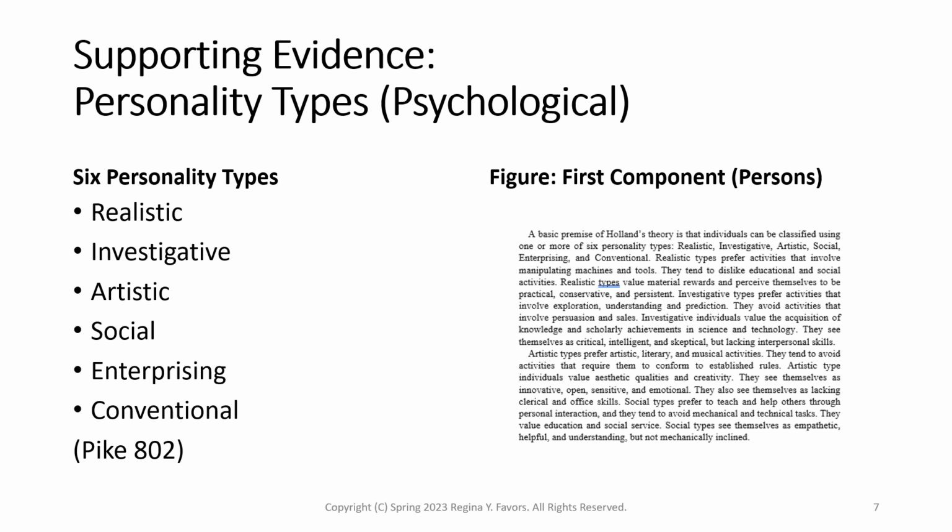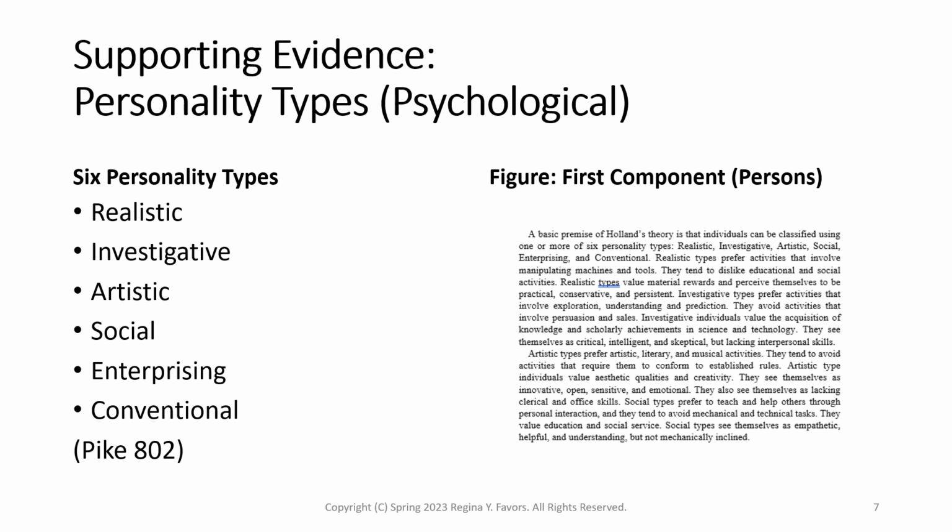So in looking at his supporting evidence, and he goes into personality types, we get the 6 personality types, and you can read the rest of this on your own with the actual article: realistic, investigative, artistic, social, enterprising, and conventional. Now I don't necessarily have to place this all in quotation marks because I'm just kind of listing right now.